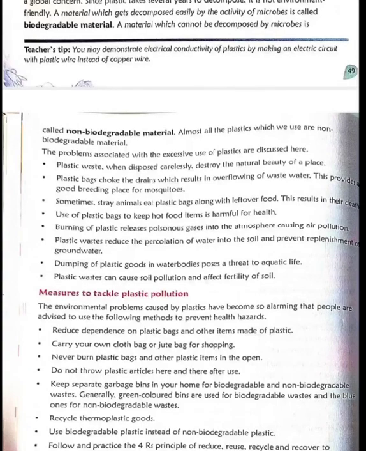Reuse means we reuse one bag again and again. Then we reduce the manufacturing of plastic bags, and we can recycle. If we throw them here and there, biodegradable waste will increase, so don't throw like that. Use them as recycled products.